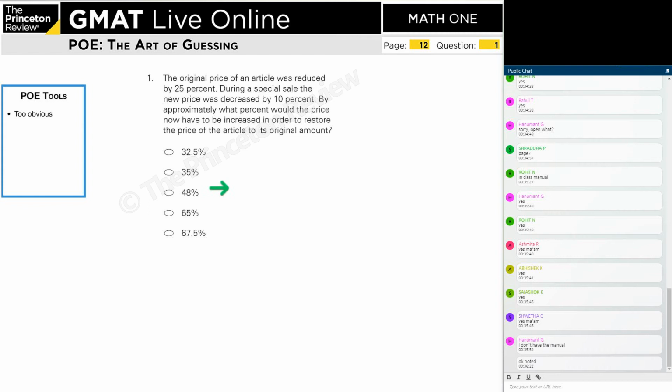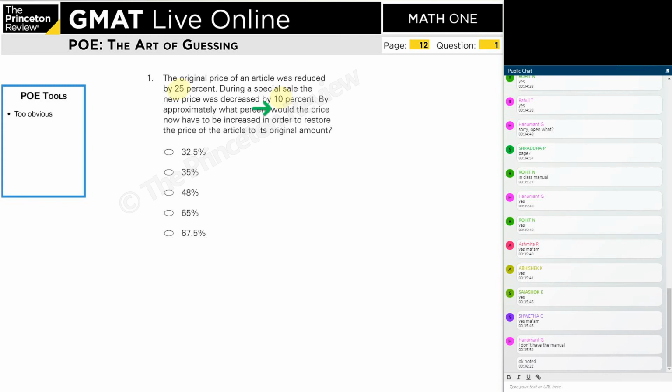So you got these numbers in the answer choices. Let's say you are sitting in the test center and you have this question and you don't have time to solve the question, or maybe you don't even have the time to read the question, right? But since it is a math question, you will be able to see these numbers in the question.